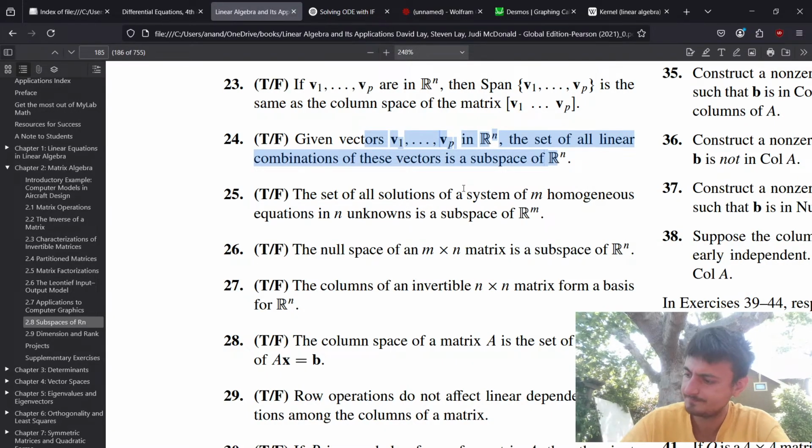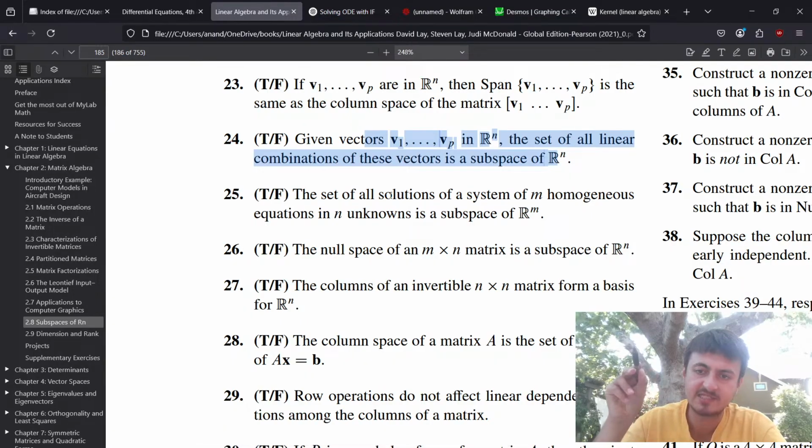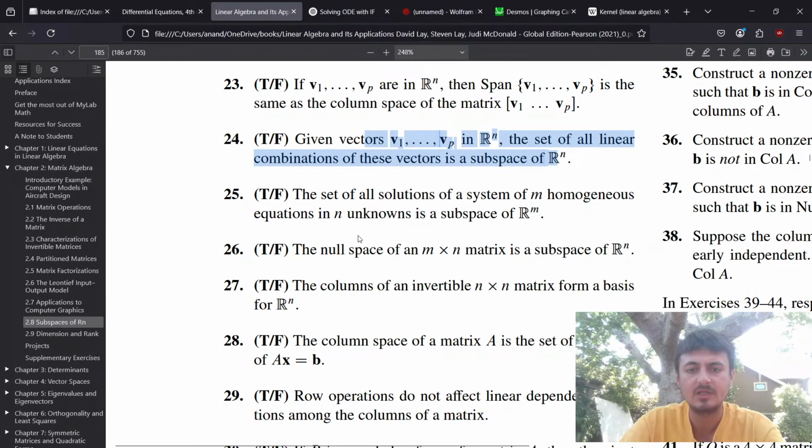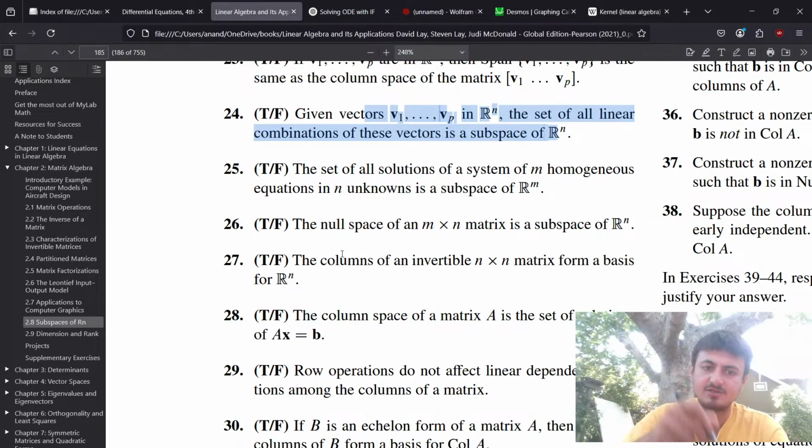That's true. You have to think of it as an M by N matrix, so its domain is going to be Rn, and its codomain is going to be Rm. The null space of an M by N matrix is a subspace of Rn. That is also true. 26 is true.